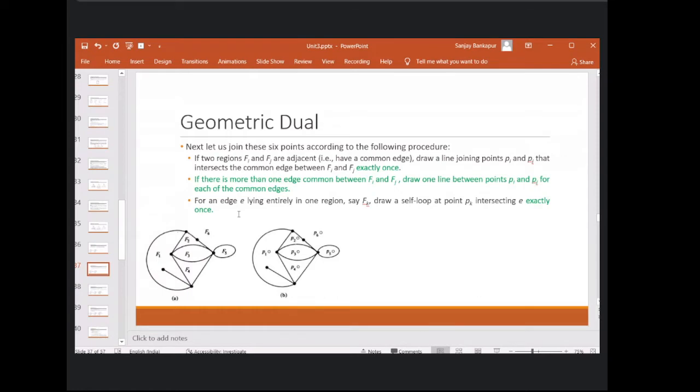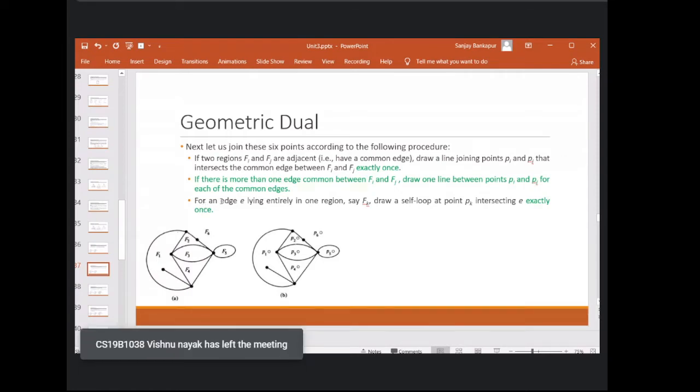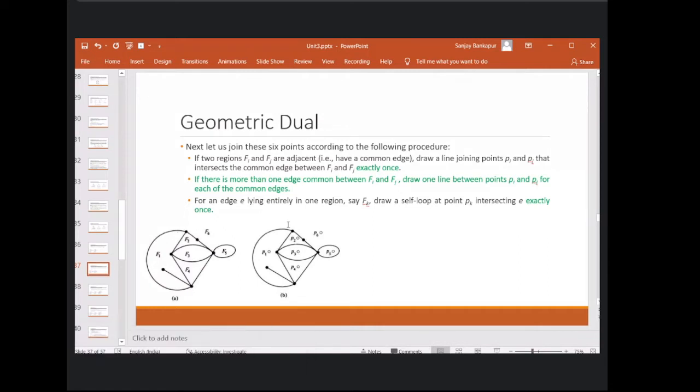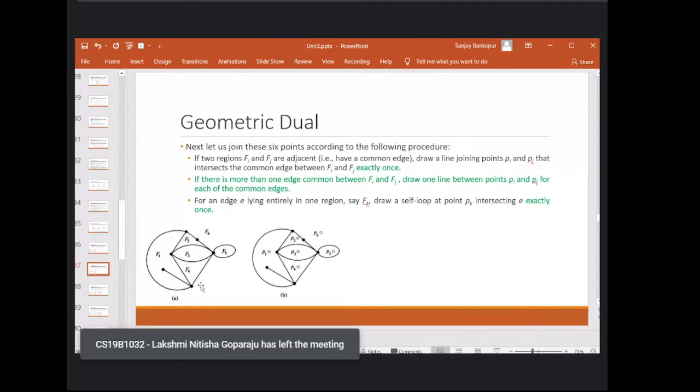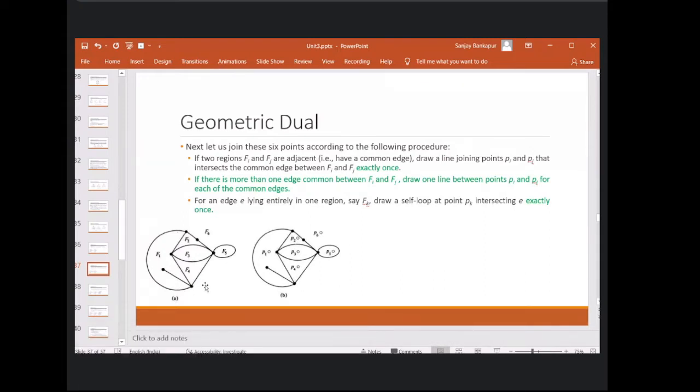Now, coming to the third step: for an edge E lying entirely within one region, draw a self loop at point Pk, considering that region is Fk, intersecting E exactly once. For example, in this graph, what is the edge which is entirely lying in one region?